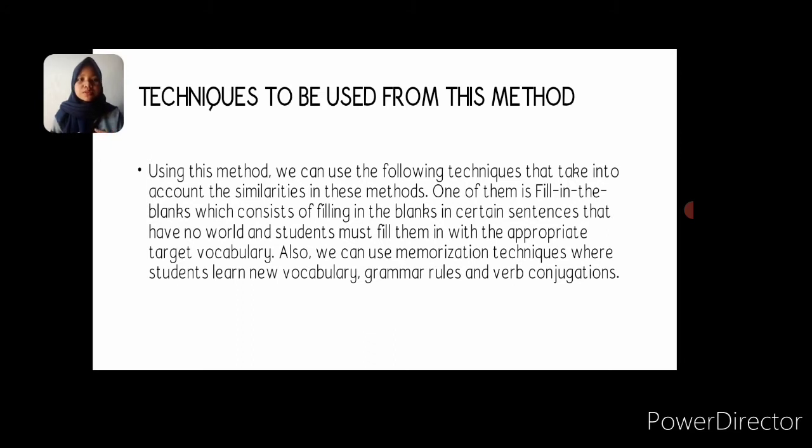One of them is fill in the blank, which consists of filling in the blanks in certain sentences that have no word, and students must fill them in with the appropriate target vocabulary. Also, we can use memorization technique where students learn new vocabulary, grammar rules, and verb conjunction.